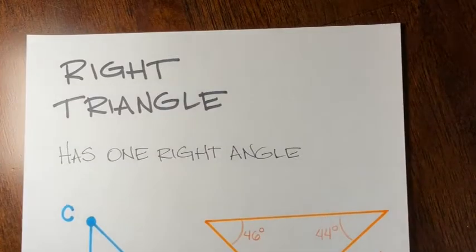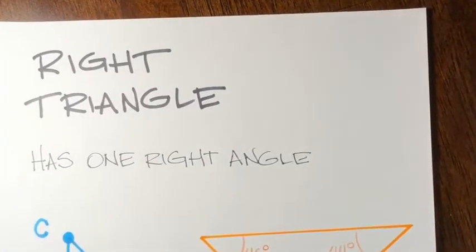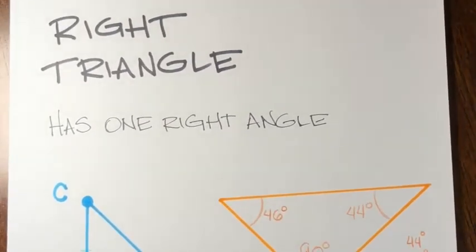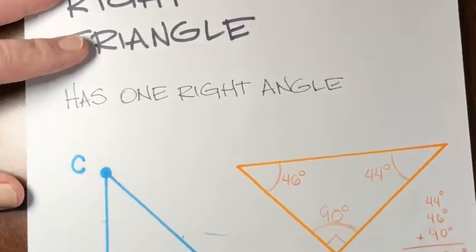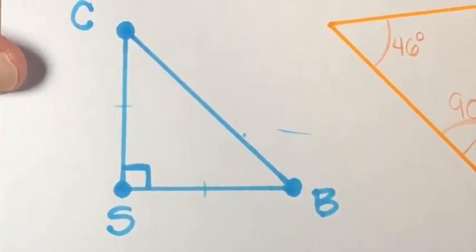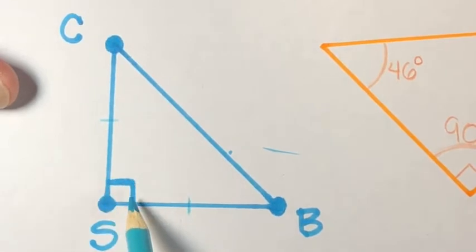And so now we move on to some names of triangles. We have something called a right triangle, and a right triangle has 1 right angle in it. And you may see them like this. You'll remember this shape where they put a box on the corner to let you know that this is a 90-degree angle. So 1 right angle is 90 degrees.